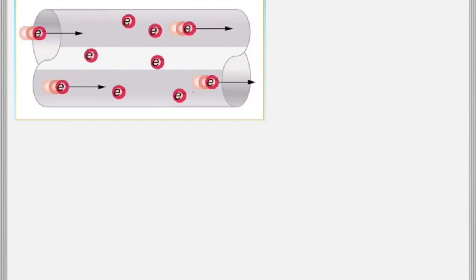So let's look at the speed of flow of electrons. It's called the drift velocity because it's simply drifting. Now, usually the drift velocity is about 10 to the negative 4 meter per second. That's so slow. 10 to the negative 4 meters in a second.